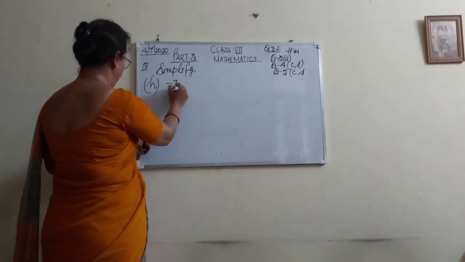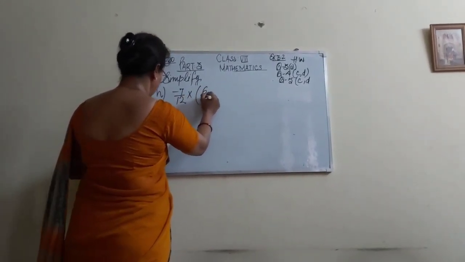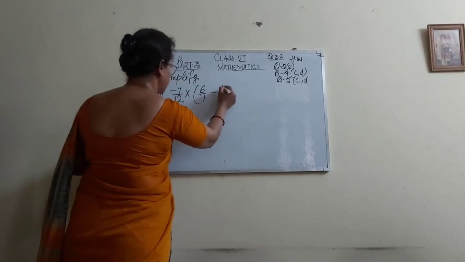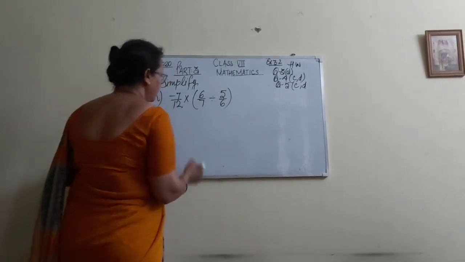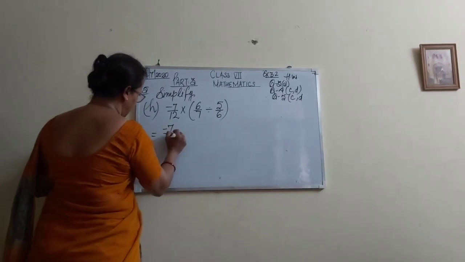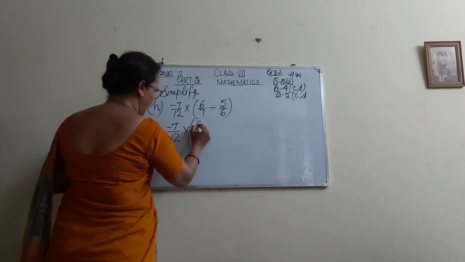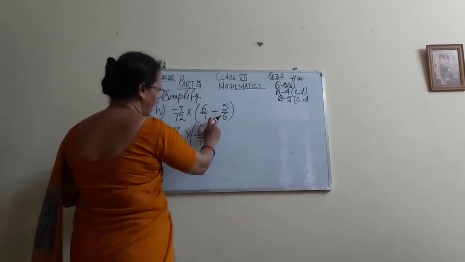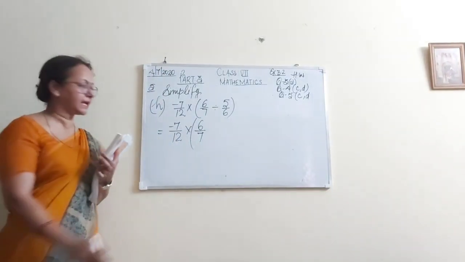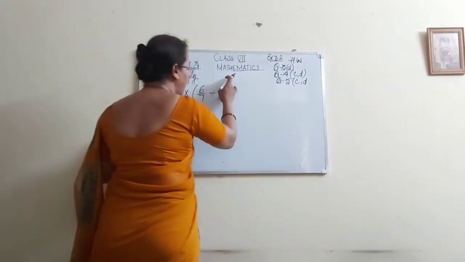Minus 7 by 12 multiply 6 by 7 divide 5 by 6. Okay, within the bracket division is there, so we will follow the rule for division when a fraction is given. 6 by 7 as it is, we will write down this sign, converting into multiplication. Multiply. So we will write down the reciprocal of 5 by 6.